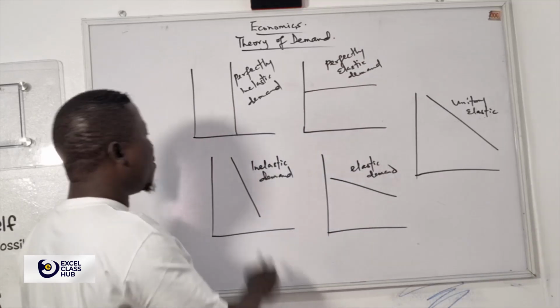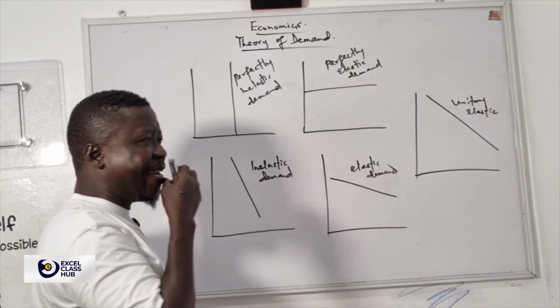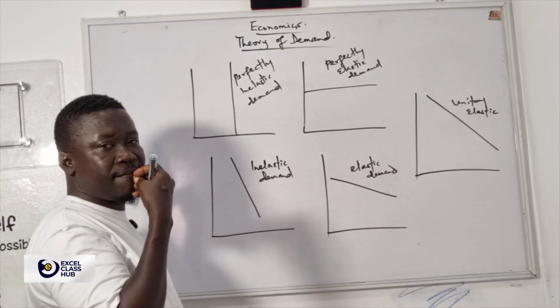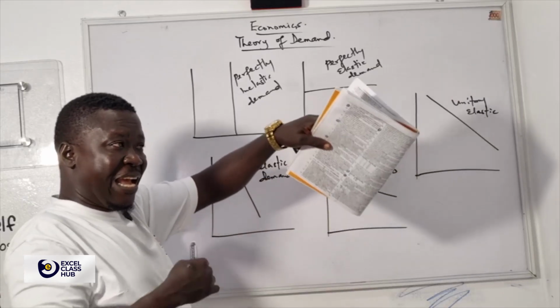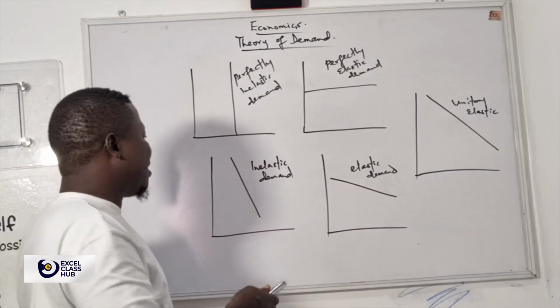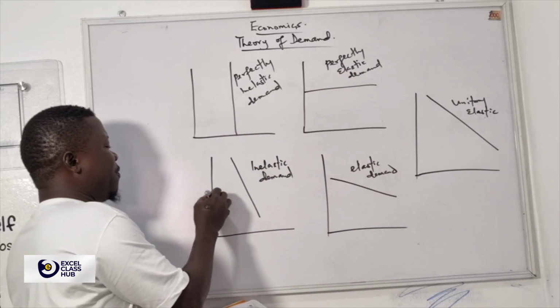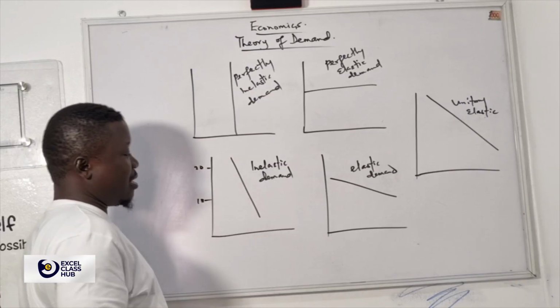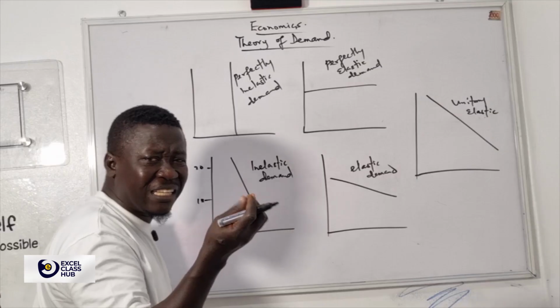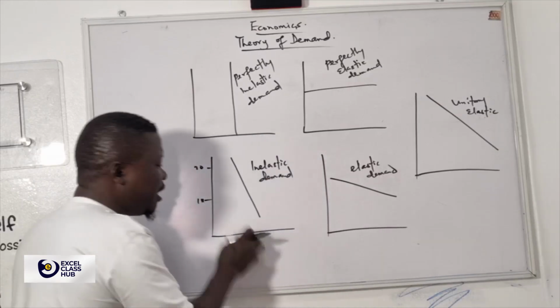Can you see that? But for inelastic demand, a higher price is a higher difference in price. Let me assume it is 10 naira before, and it now goes to 20 naira. It will only have a slight change in the quantity.